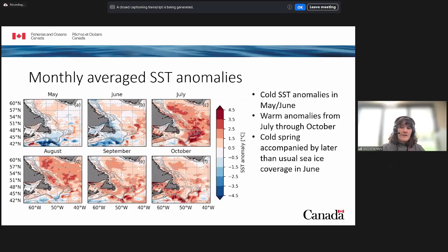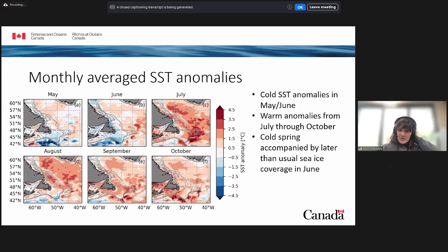First, cold anomalies are noted on the Newfoundland and Labrador Shelf in both May and June, but those anomalies transition to warm in July through October, and those warm anomalies cover a very large portion of the shelf. And of note are the very strong anomalies over Flemish Cap in July, which reached values up to 5.5 degrees Celsius.